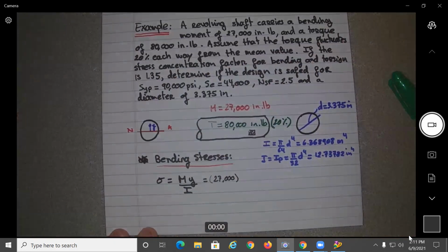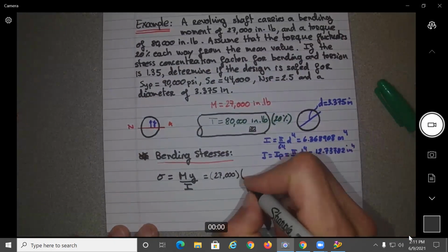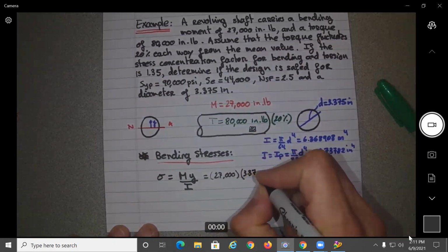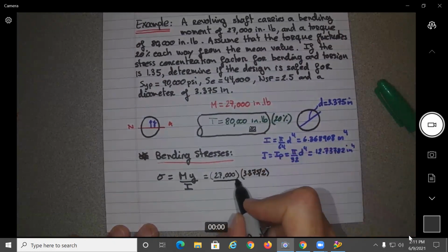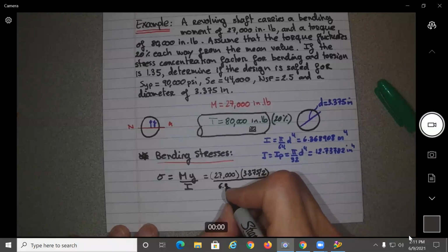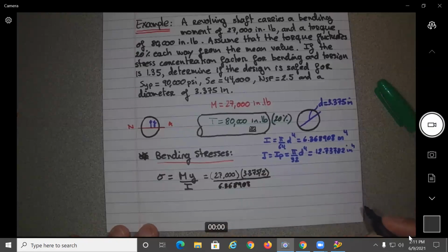Yeah, for bending. So this will be D over 2, which is 3.375 divided by 2, everything divided by 6.368908.